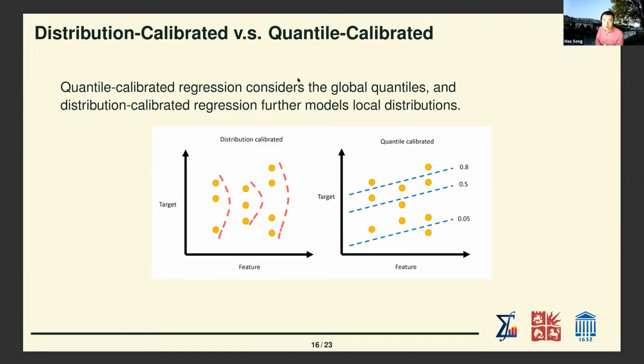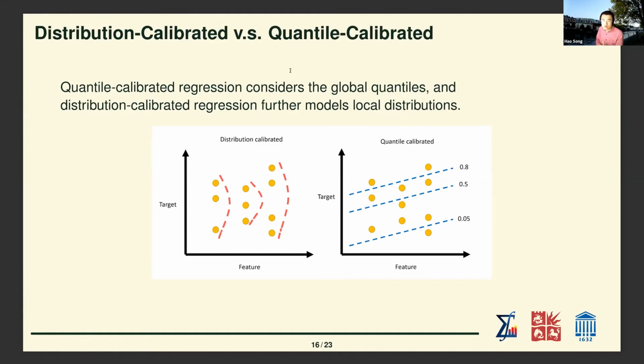For instance, for the rightmost 4 points, because they are at the same location within the feature space, they will receive the same estimation from the model. Therefore, you want this distribution, which is represented by the red dashed line, to be calibrated with these 4 points. That is the corresponding mean or standard deviation or any other non-parametric distribution. And similarly for the other cases. As you can see, distribution calibration can effectively achieve more detailed, local calibration inside of the global quantile.